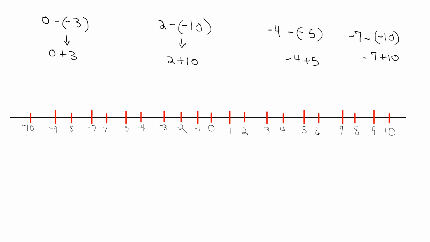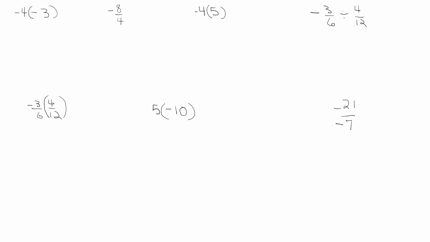When you multiply or divide two numbers with the same sign, meaning a positive times a positive, or a negative times a negative, or even a negative divided by a negative and a positive divided by a positive, you will get a positive answer. On the other hand, if they don't have the same sign, you will get a negative answer. It's that simple.